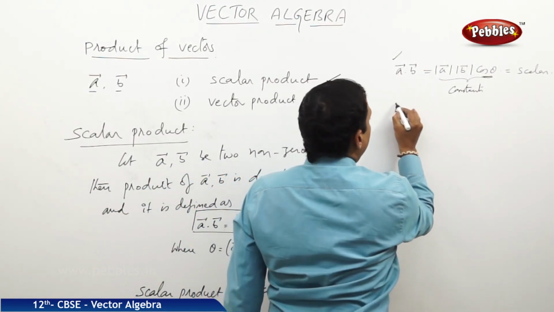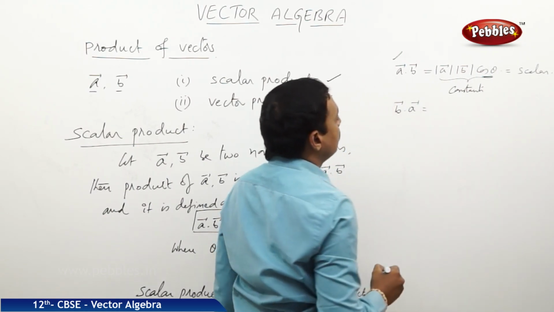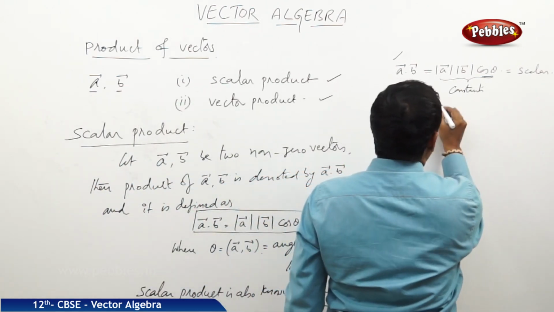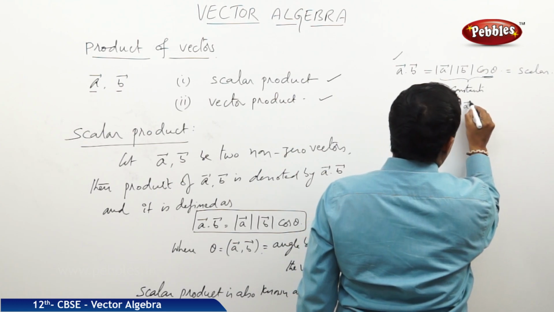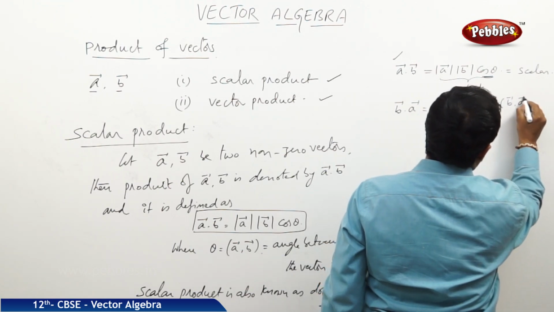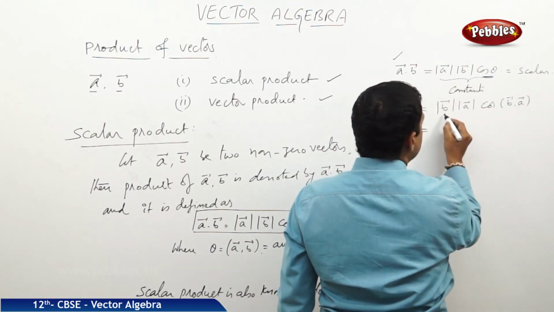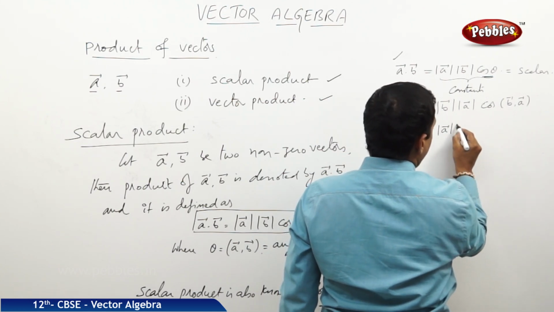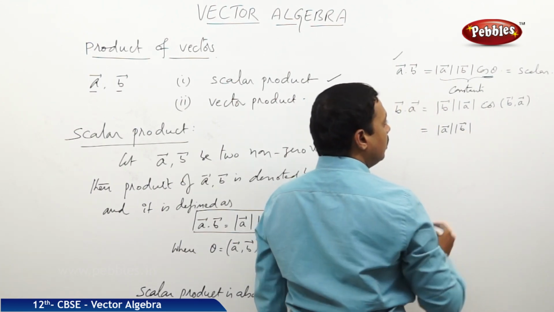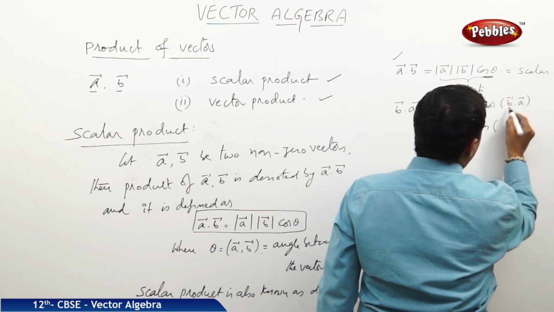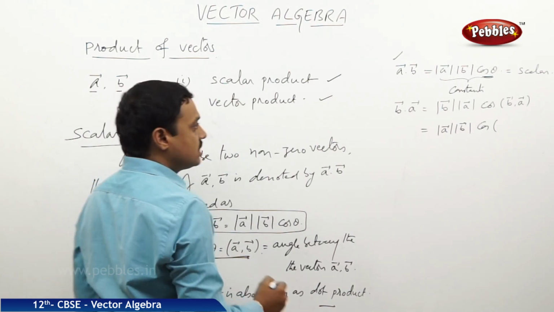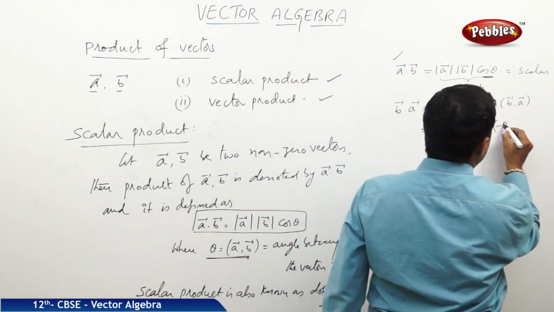Now let us see B dot A. According to the definition of the scalar product, B dot A can be defined as modulus of B vector, modulus of A vector into cos of the angle between B, A. Now modulus of B into modulus of A is nothing but mod A into mod B. You know, the angle between A, B is taken as theta, hence the angle between B, A is minus theta.